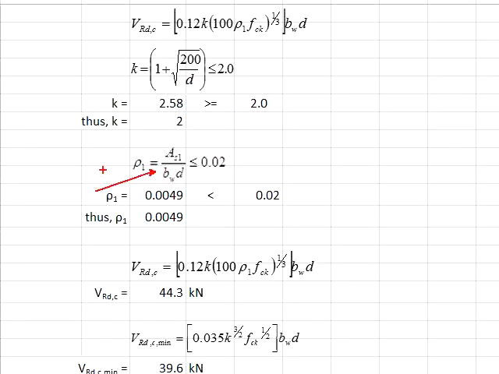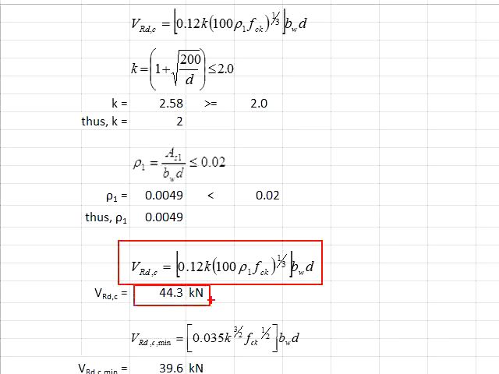The b is 1 meter unit width, and the depth here was calculated as 80 mm. Substitute all the values, you get rho 1 equals 0.0049. It is less than 0.02, then you may use the exact value of 0.0049. Substitute the relevant values and you get your VRd,c 44.3 kN.